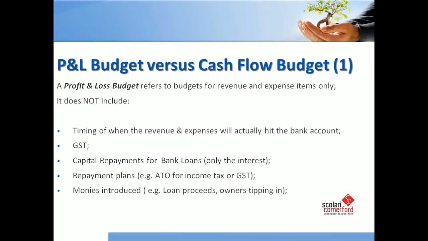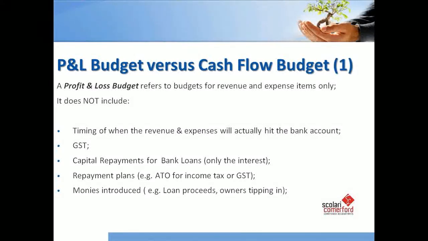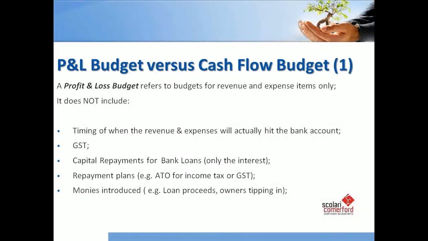It won't include things like repayment plans for other liabilities, and it could be the ATO, for example, if you're paying back the ATO for income tax or in some sort of repayment plan with them or GST. It won't show monies introduced, for example, loan proceeds from the bank or owners having to put money back into the business, and it won't show things like dividends or drawings.